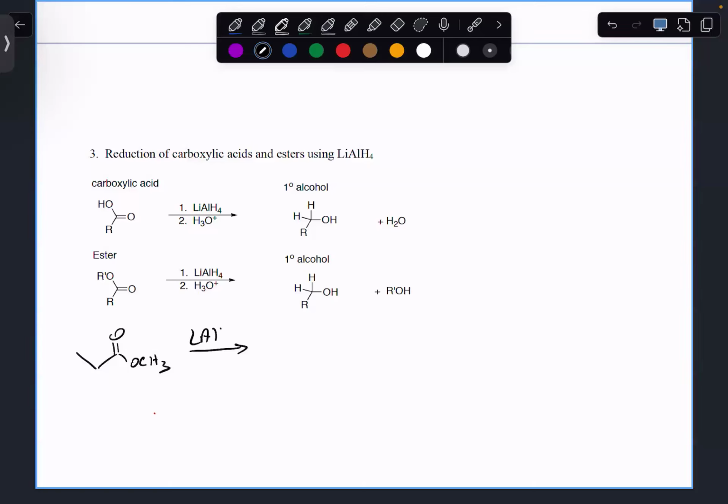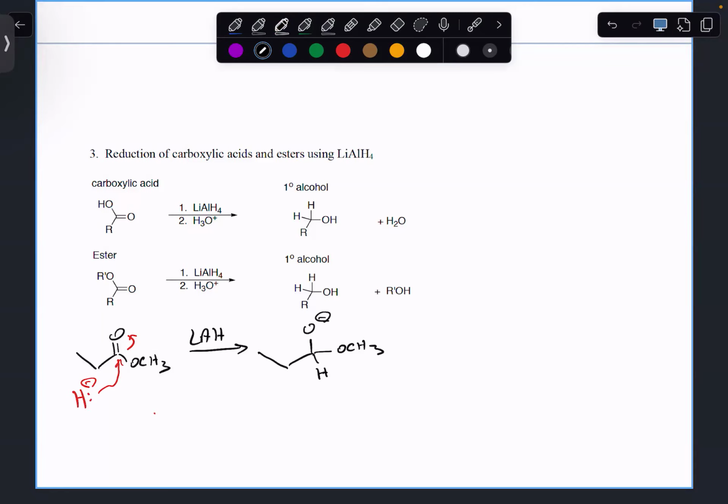and you reduce it with LAH, again, you can think of that as just a source of H minus. It would come in and attack the carbonyl just like it did in the previous example. Only in this case, once you make that intermediate, we have a group that could potentially leave, right?